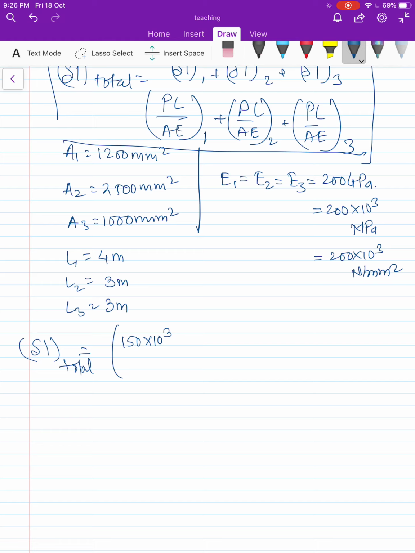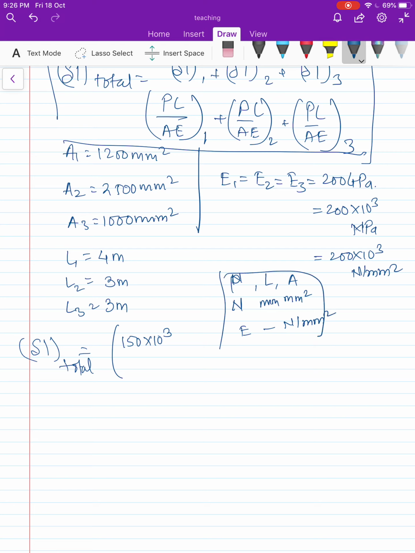I will suggest to solve this problem in the standard dimensions only. It means we will take load in Newton, length in mm and area in mm square, and E in Newton per mm square only.